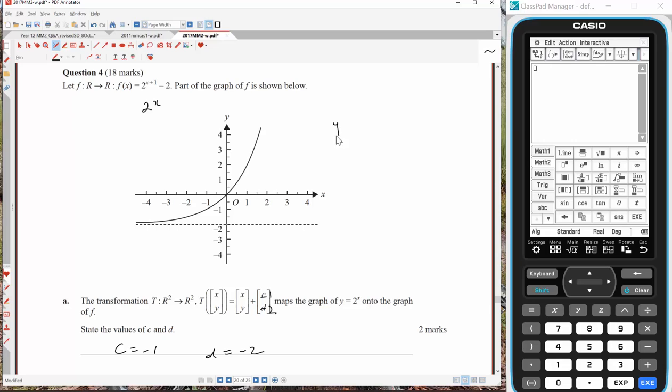So we've got y equals 2 to the x, and y equals 2 to the x plus 1, take 2. y equals y dash plus 2. x equals x dash plus 1. You can see why recognition's helpful. It just takes time. And x dash equals x take 1.